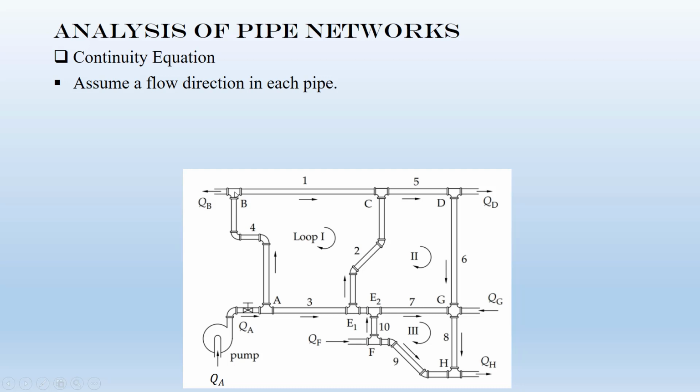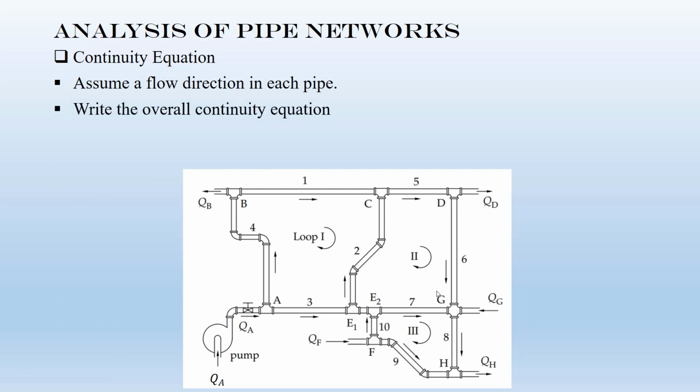So you can assume that fluid from pipe 4 goes through junction B, and then goes from left to right in pipe 1. And then you can select a direction for all the other fluid flows. This is the first step.